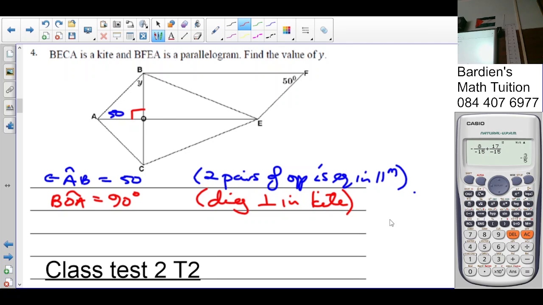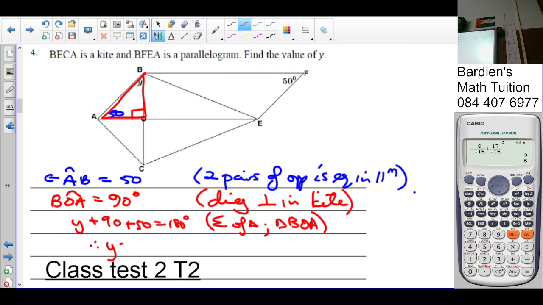Diagonals perpendicular in a kite. One more. How do we calculate y? Sum of angles of a triangle. So y plus 90 plus 50 equals 180. Why? Sum of angles of a triangle. And this is triangle BOA. So therefore y is equal to 180 minus 90, which is 90, minus 50, which is 40.